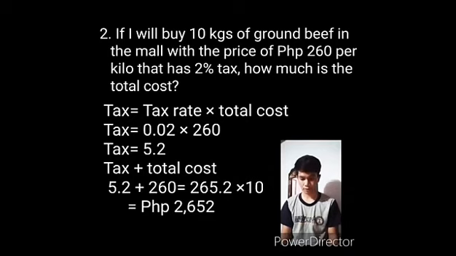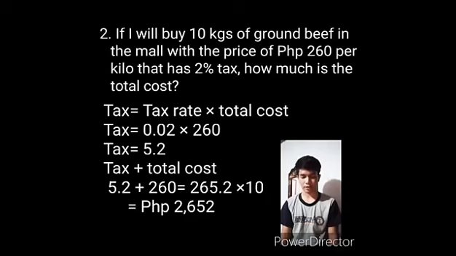After doing substitution, tax is equal to 0.02 times 260. Tax is now 5.2. So, to get the total cost, we have to add the tax to the total cost. Tax plus total cost is equals to 5.2 plus 260 is equals to 265.2.